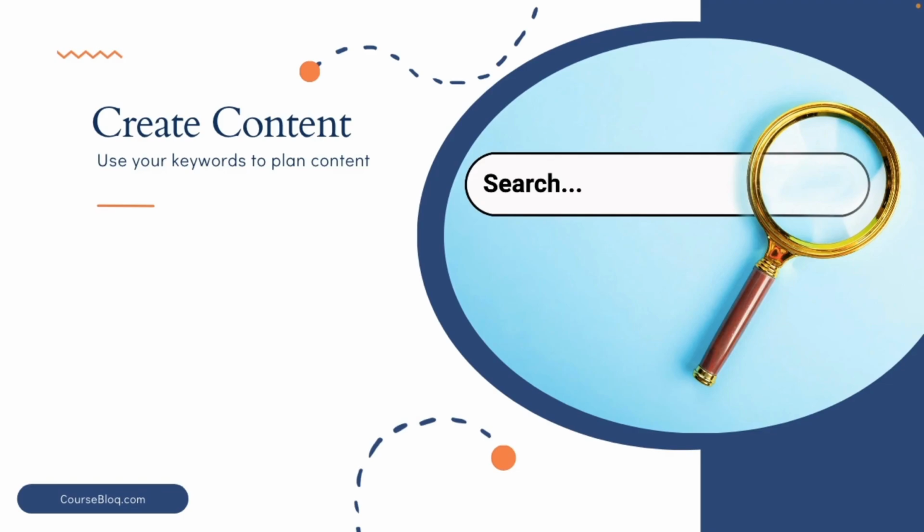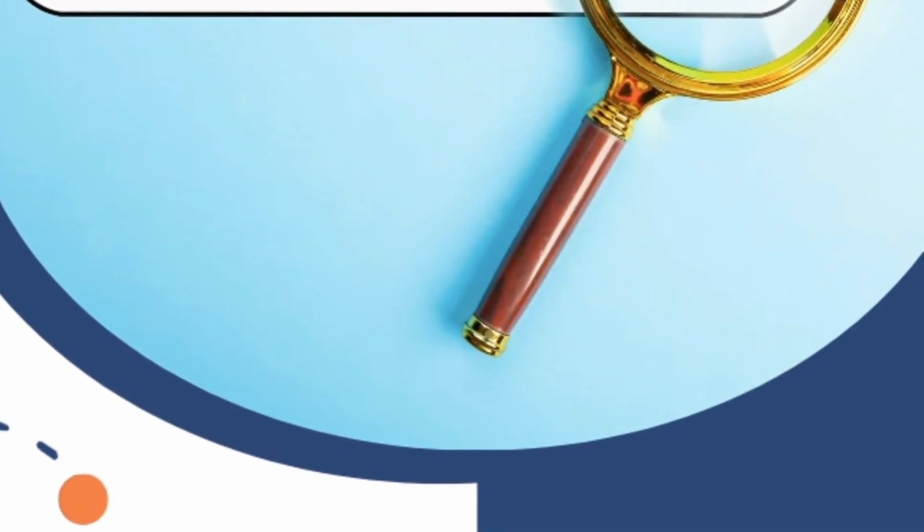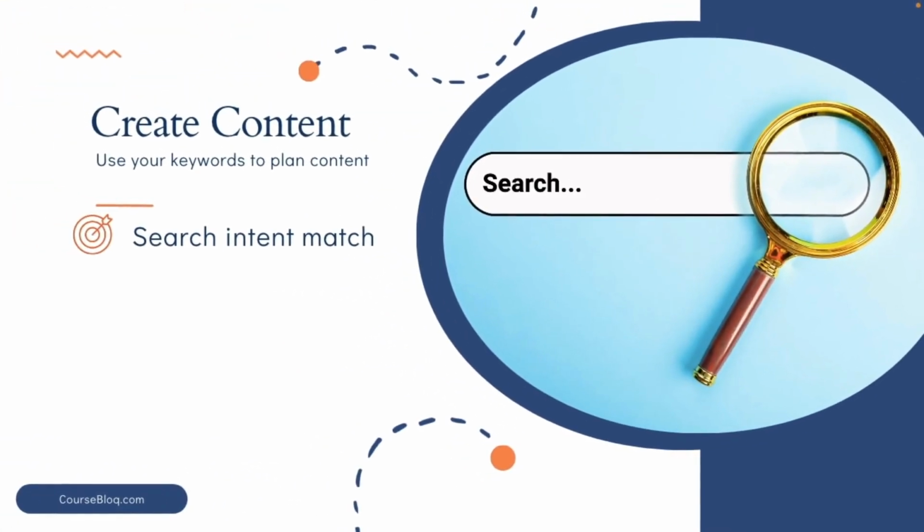After you've shortlisted your keywords, you've chosen the ones that are right for you, relevant for you, and which are easy to rank for, what you want to do is build super helpful and unique content that satisfies the user's search intent. Search intent is what a user is looking for when they run a search.